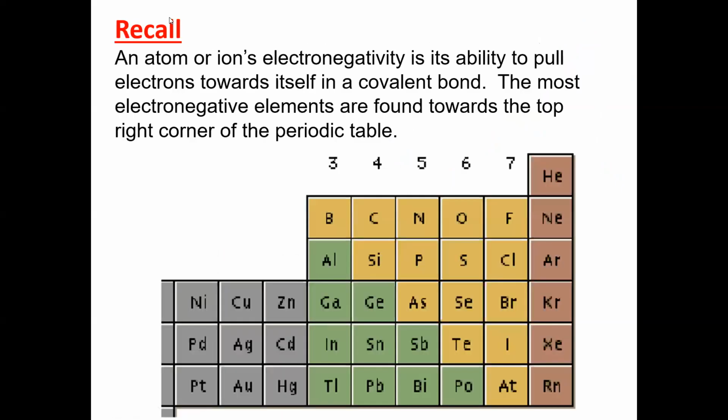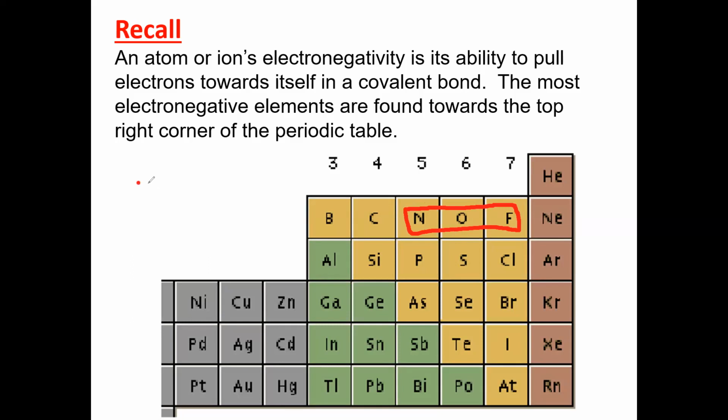Looking at electronegativity, we know that an atom's electronegativity is its ability to pull electrons towards itself in a covalent bond. The most electronegative elements are found towards the right corner of the periodic table. Recall we said that nitrogen, oxygen, and fluorine are the ones that can form hydrogen bonds.